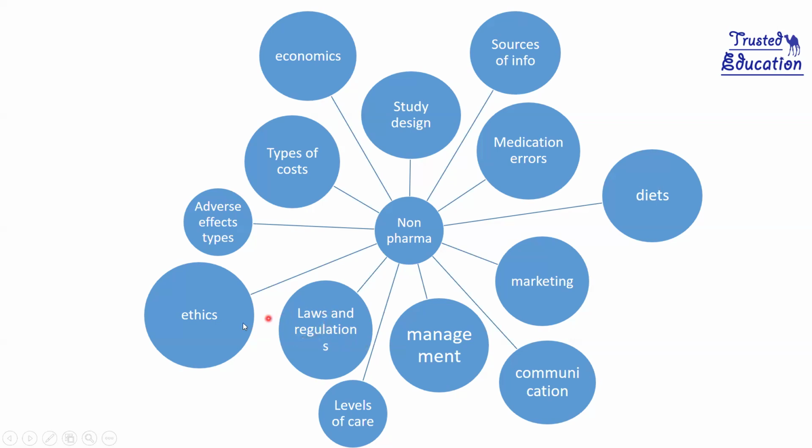The difference between ethics and laws is that with ethics, you will not be punished whether you stick to them or not. But laws, you have to stick to them or there will be a punishment if you don't. Regulations, we have to know the facilities in Saudi Arabia and their functions.